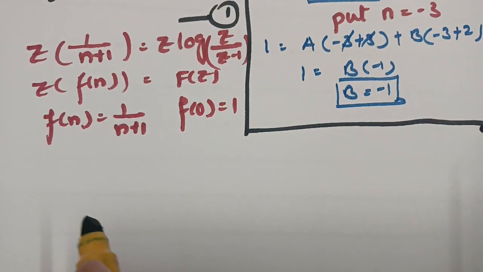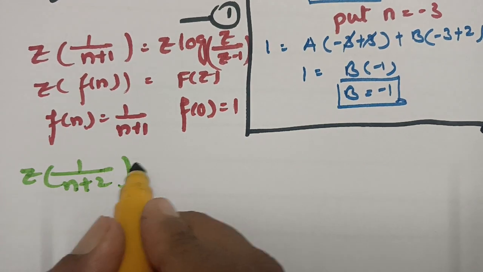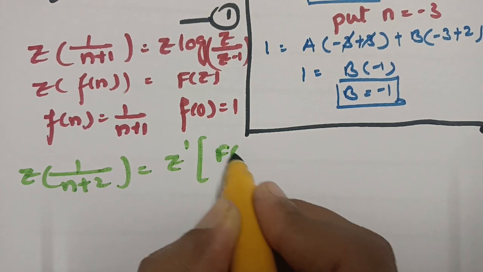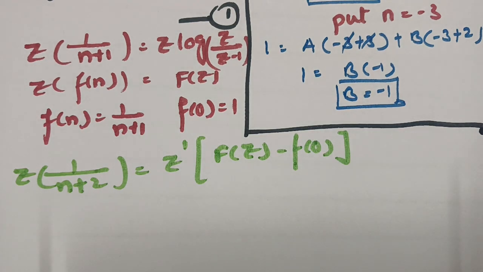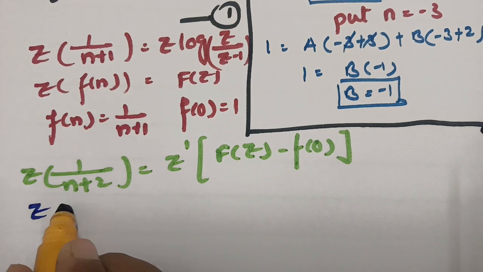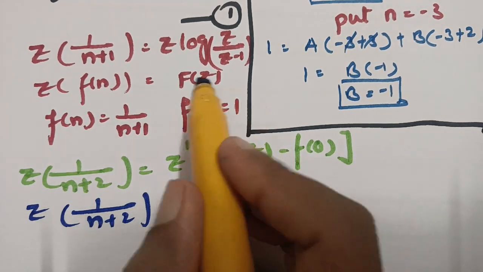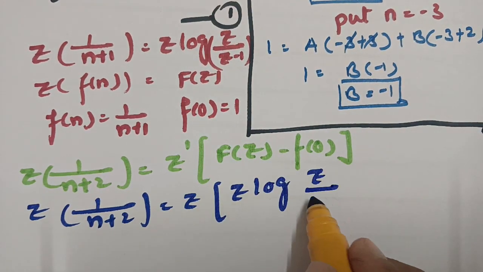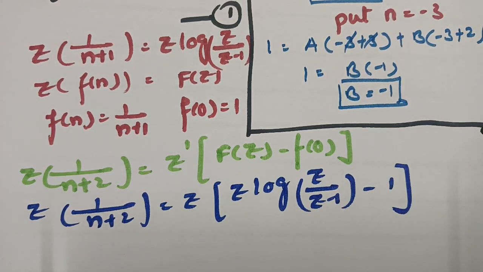First, I am going to write the z transform of 1 by n plus 2. If it is shifted 1 unit, the formula is z times f of z minus f of 0. Clear? Now I substitute. The z transform of 1 by n plus 2 is z into f of z, that is z into log of z by z minus 1, minus 1.